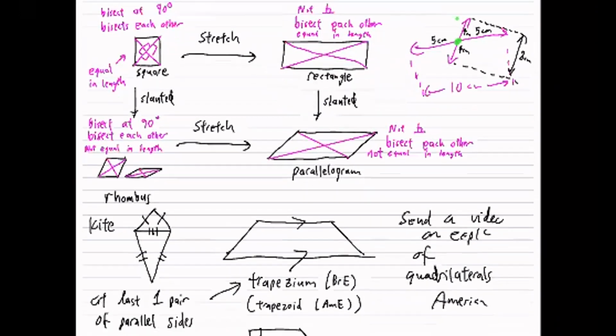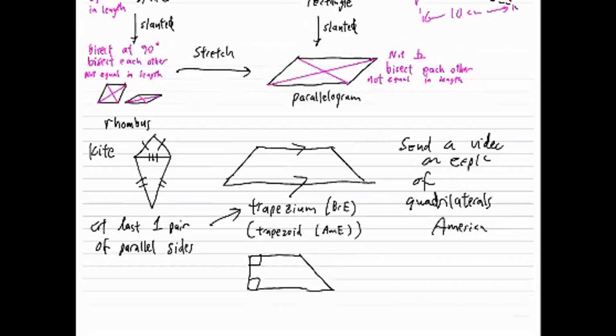Then one more interesting thing, about the kite. For a kite, they intersect at 90 degrees, and they also bisect each other. Bisect each other, bisect at 90 degrees. Are they equal in length? Not equal in length. How about a parallelogram?